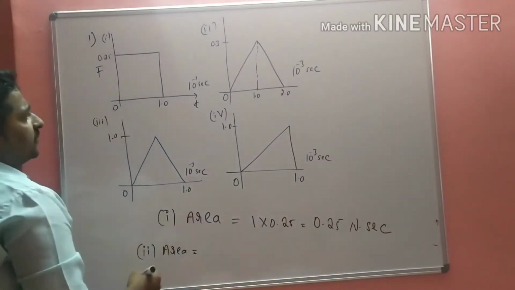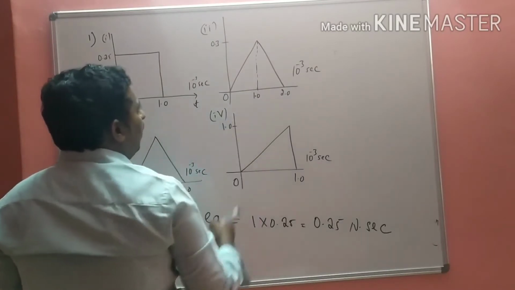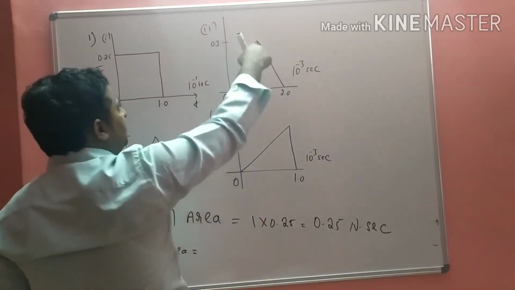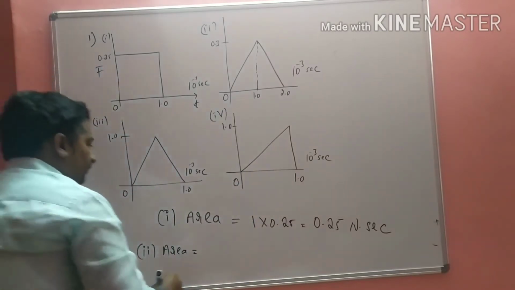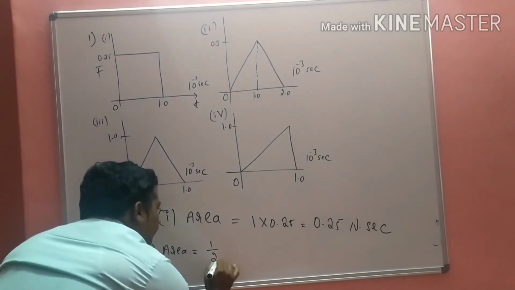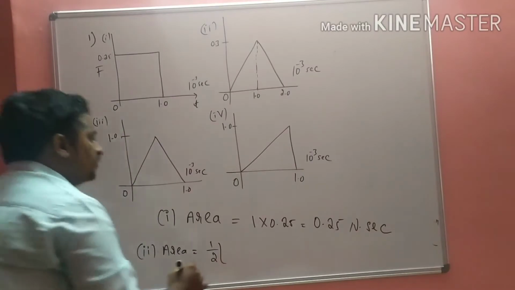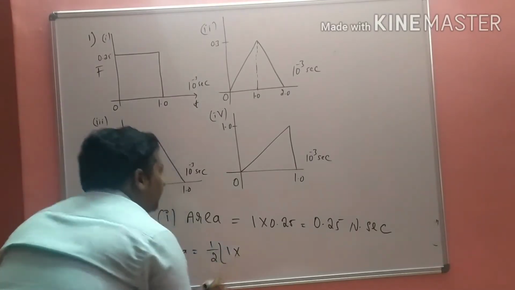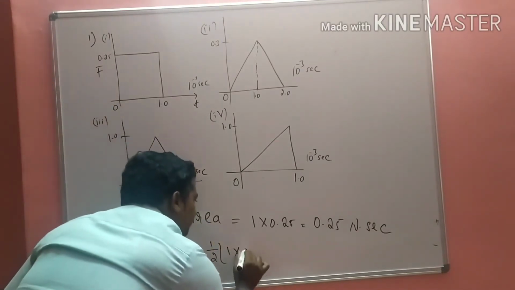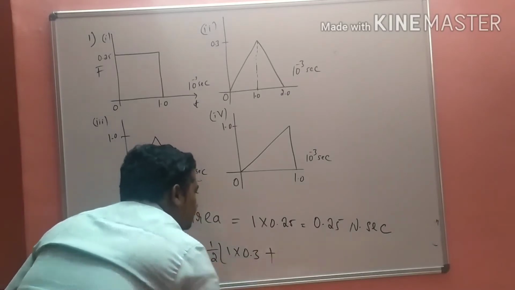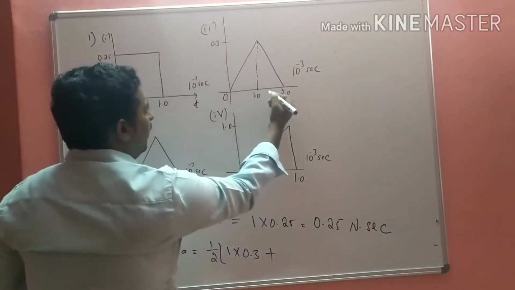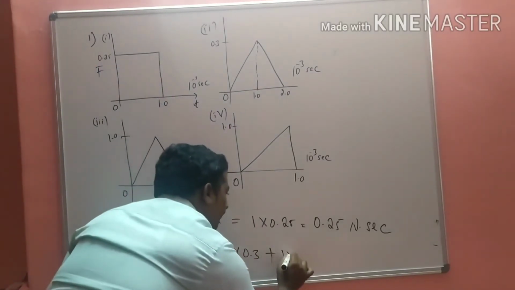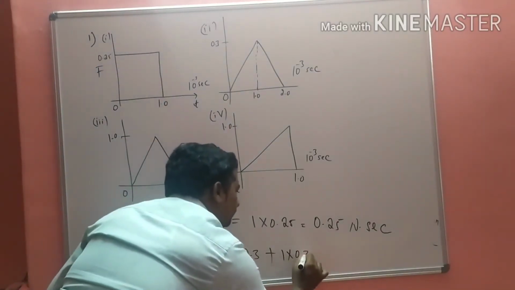The area of the first triangle is half into base into height. The height is 0.3 and the base is 1, so half into 1 into 0.3, plus on this side 1 into 0.3.